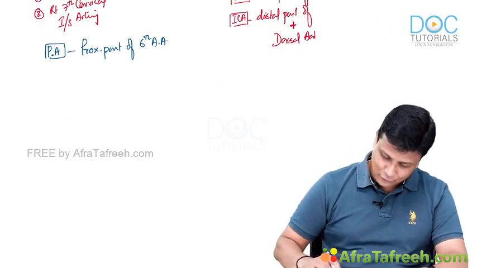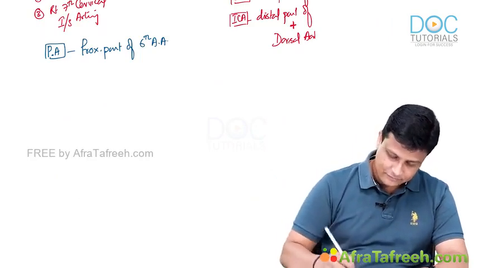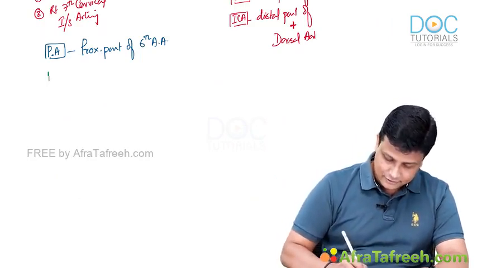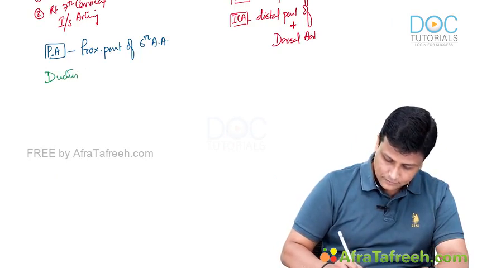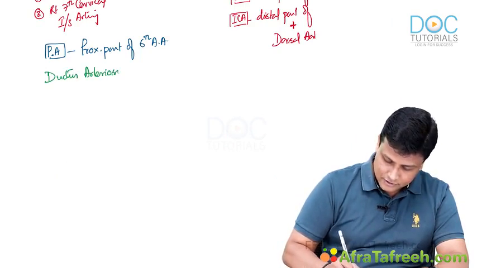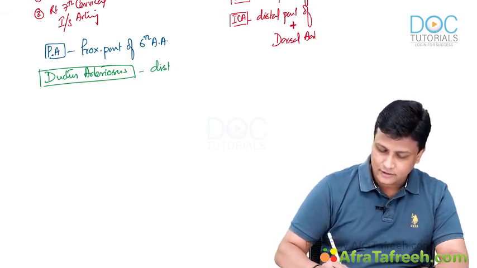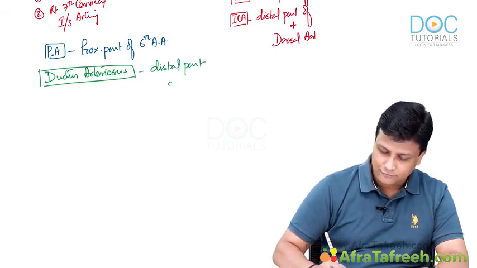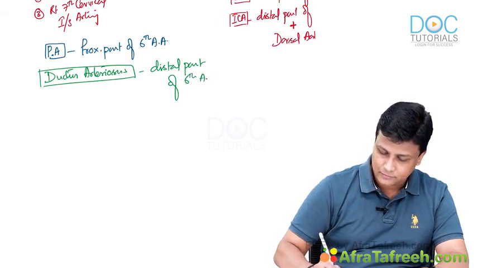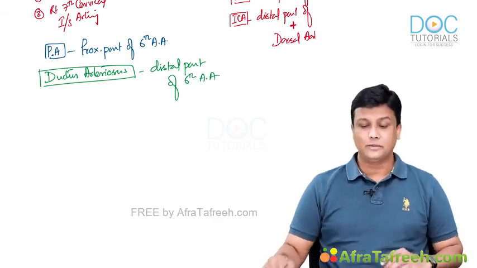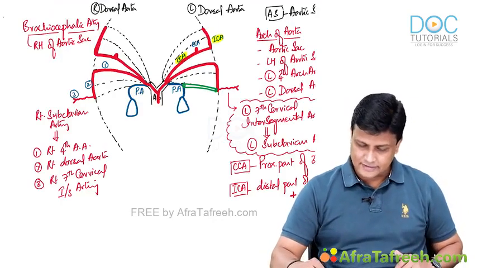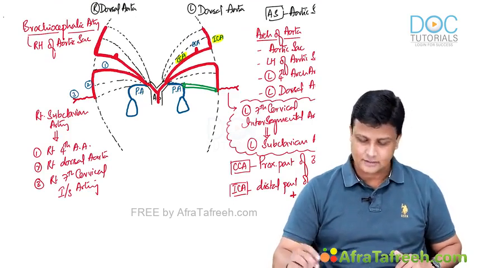Okay. So therefore, let us just write down here, ductus arteriosus. This is derived from the distal part of sixth arch artery. Ductus arteriosus derived from the distal part of sixth arch artery has been recently tested in your exams.